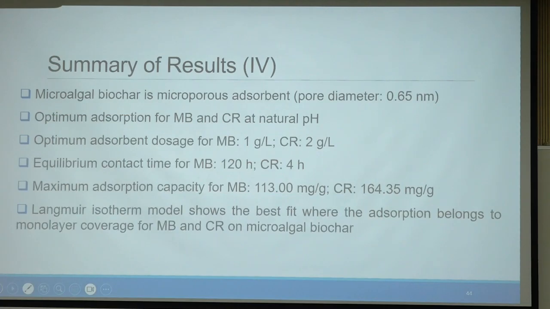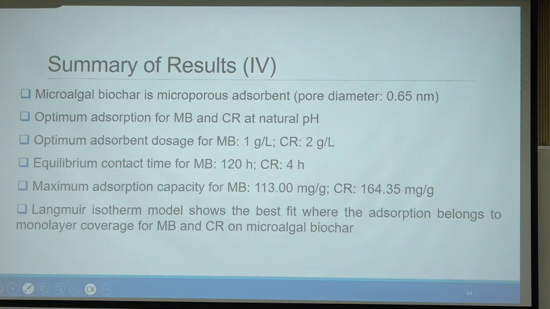So from here, we found that the microalgae biochar is a microporous absorbent, and the optimal absorbent condition for both dyes, methylene blue and Congo red, is at natural pH. So we don't need to modify the pH of the biochar.